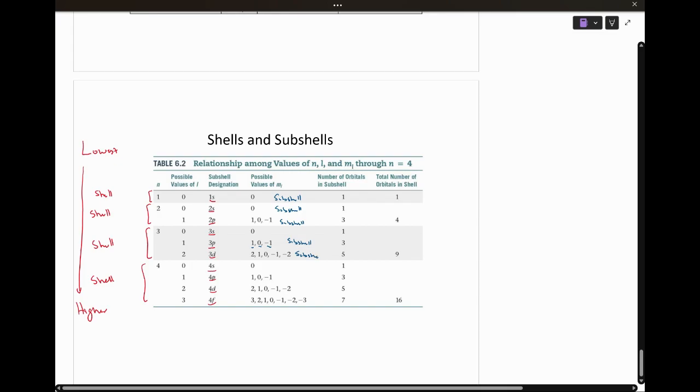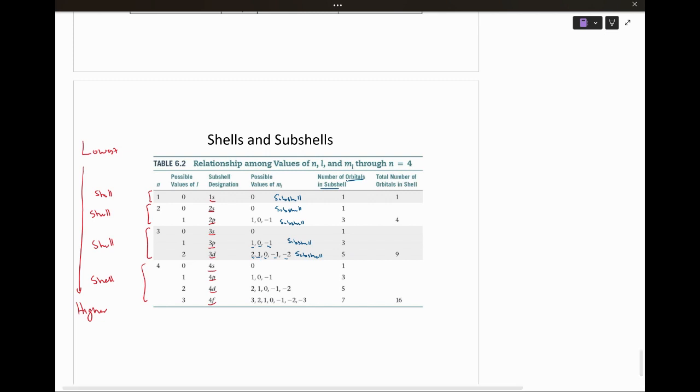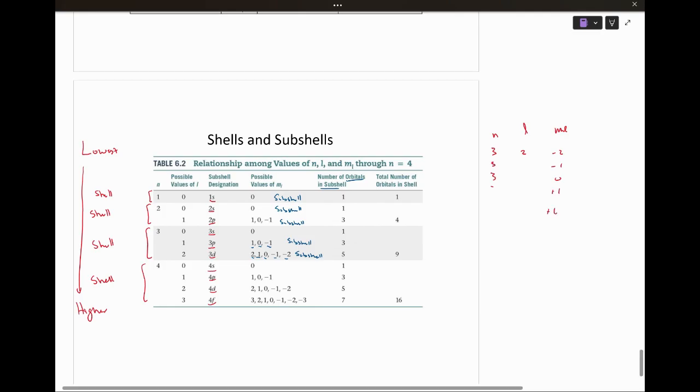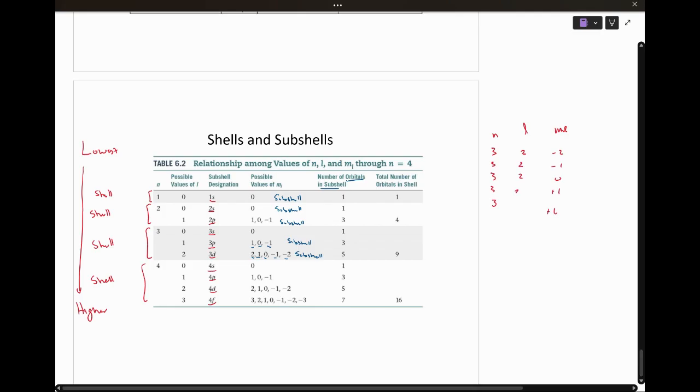And for 3d, you have the 1, 2, 3, 4, 5 orientations that are possible. And so you're seeing it says number of orbitals in subshell. That's counting up all of these m sub L values, because for the 3d, you have L of 2, m sub L of negative 2, negative 1, 0, plus 1, plus 2, but it's still always going to be 3 for n, and it's always going to be 2 for L. Okay?